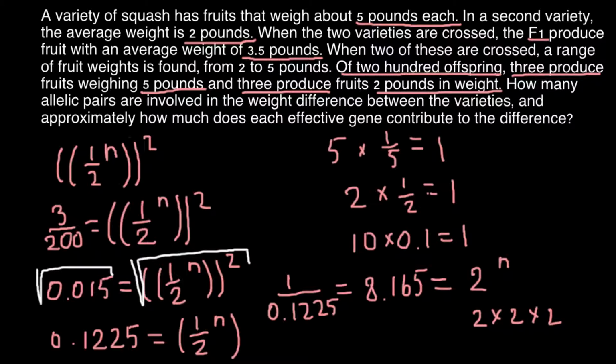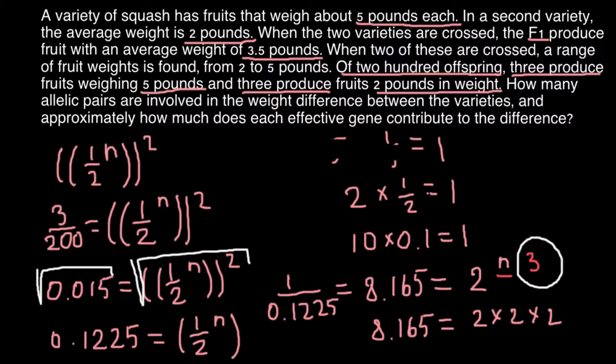So in other words, we can say that 8.165 is equal to 2 raised to the power of 3. So here we should put 3. And this is going to be our answer. Our answer would be that this trait in our example is under the control of 3 loci.